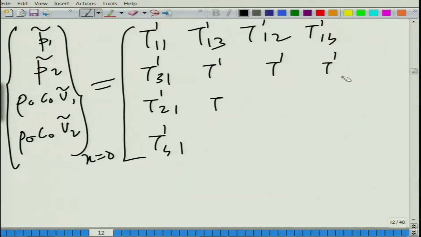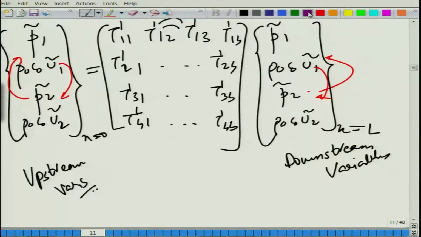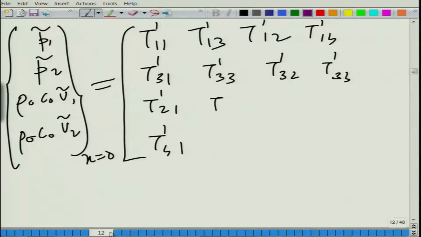This will become T33, T32, T34, because remember we have just interchanged this row, the entire row, and we are just shuffling across the different columns. So, this is really your T33, which will come in this place and so on. So, this will become T23, T22, and it will be something like this.